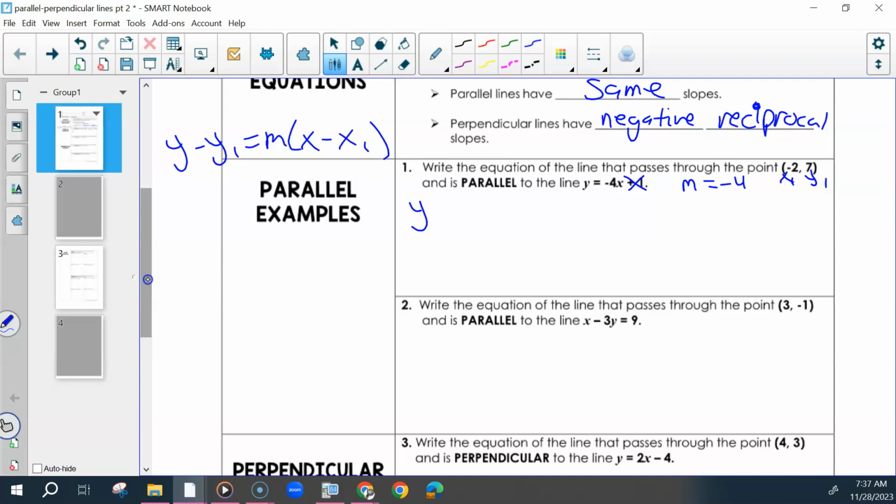Someone asks whether that formula is to find the y-intercept. At the end, yes, but it's usually for when you have a point and slope. So y minus 7 equals -4 times x. You can either put minus 2 and then change it to a plus, or you can just put plus 2.